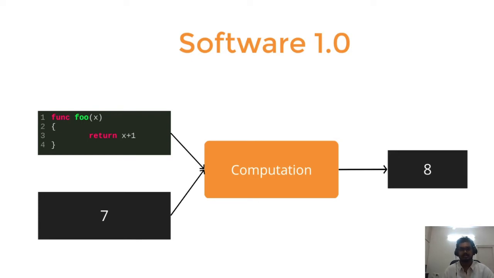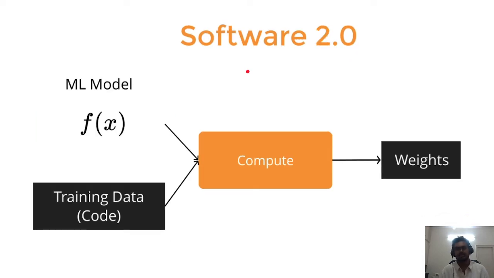That fails because you already have a ball which is circular, and you have a man whose face might not be circular. It's also possible that when the image is taken, the human is in the corner of the image, and so on. So this is where we don't go with logic driven software development, but we go with data driven software development, which is also called software 2.0.